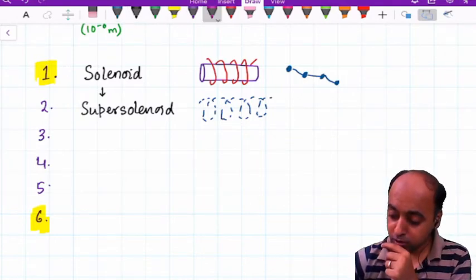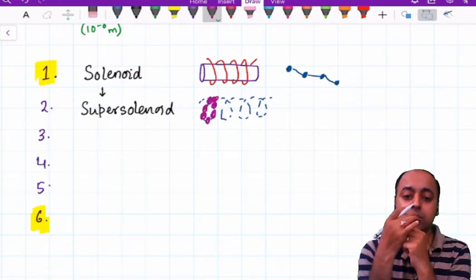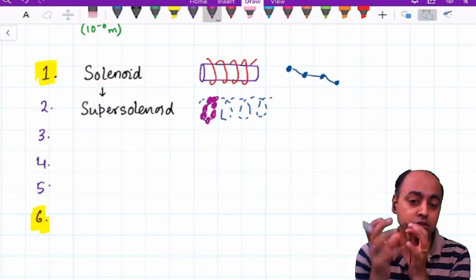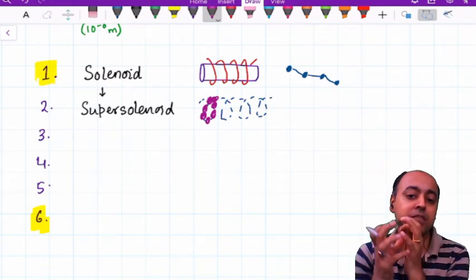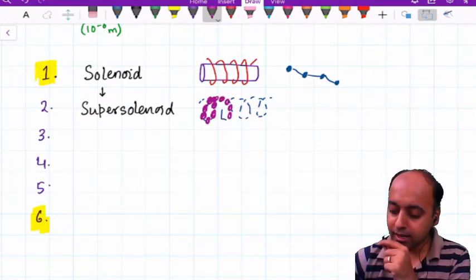These solenoidal structures start getting compacted near each other. In each turn, there are approximately seven solenoidal shapes which are compacting themselves together, and they form this super solenoid structure that I have drawn.